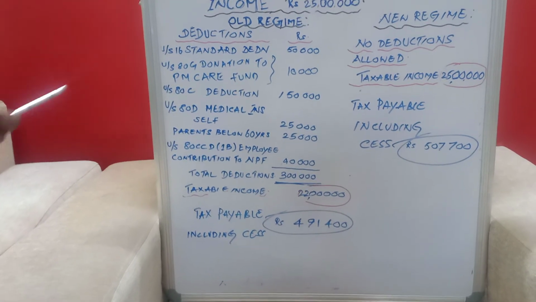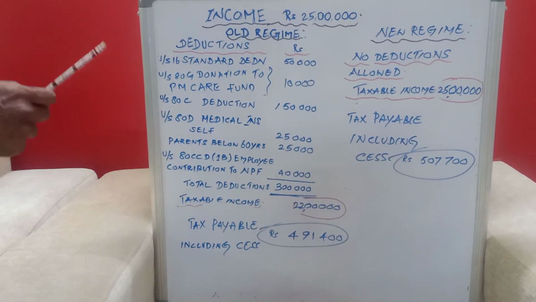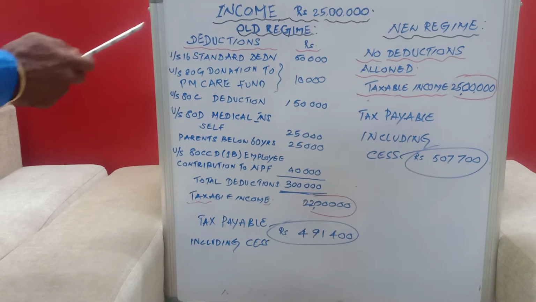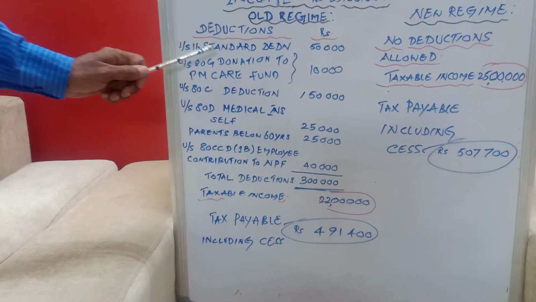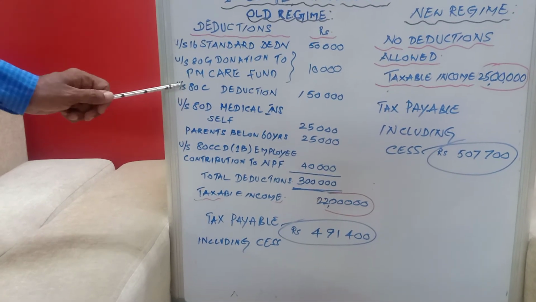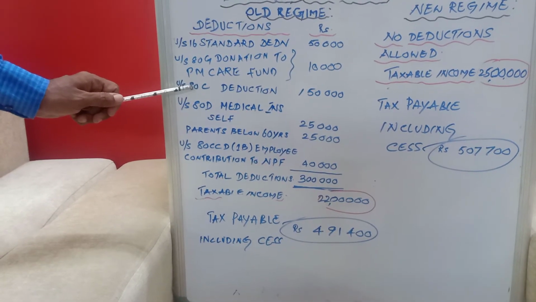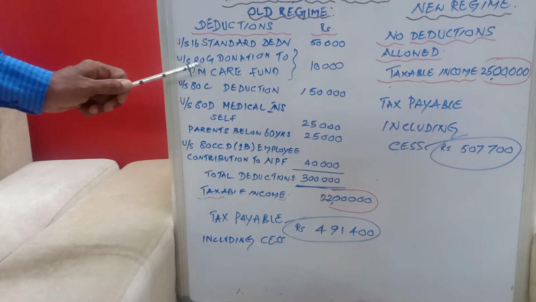In the next example, total income is assumed to be rupees 25 lakhs. Under the old regime, the deductions claimed: under section 16 standard deduction 50,000, under section 80C various deductions 1,50,000.